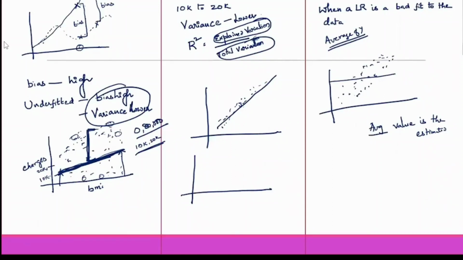So in this case also, probably I could have fitted a linear model like this, but I ended up with a constant like this. So a linear model is of degree 1, whereas this constant is of degree 0. So degree 0 is like a simple model, whereas I could have gone with a complex model of degree 1.